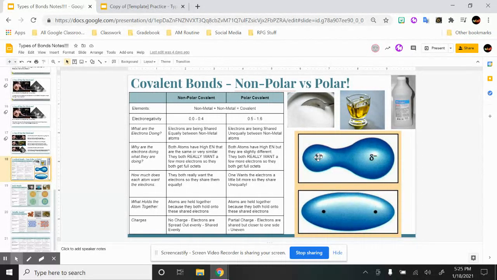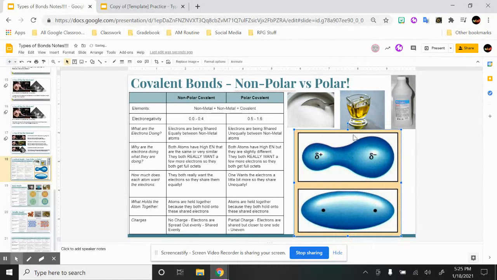Kind of like the North and South Pole are on separate ends of the Earth and its magnetic field. Here we have two charges on either end of the bond that are partial. They're kind of negative and kind of positive. Nonpolar, no charge, they share equally. Polar, we have a separation of charges because they share unequally.